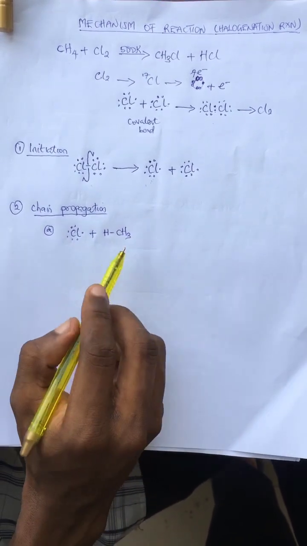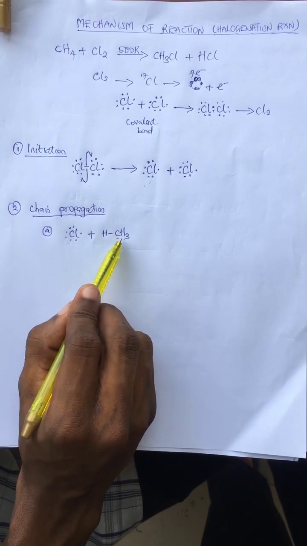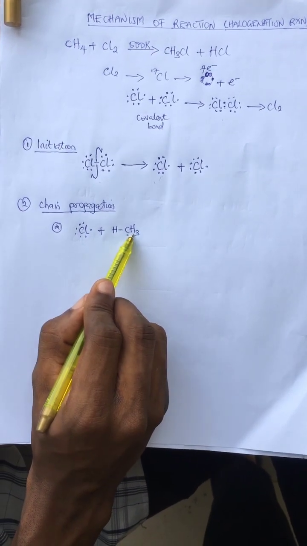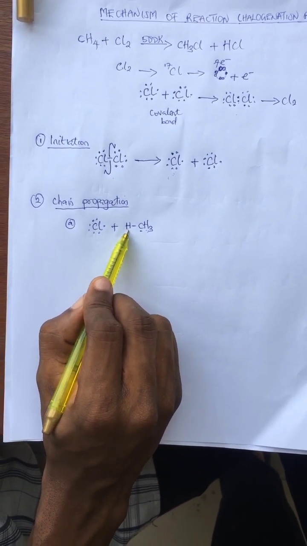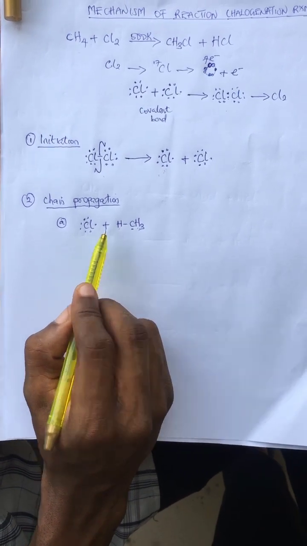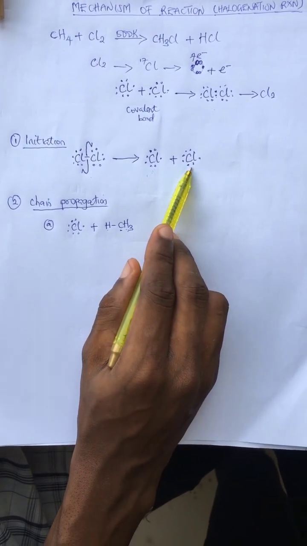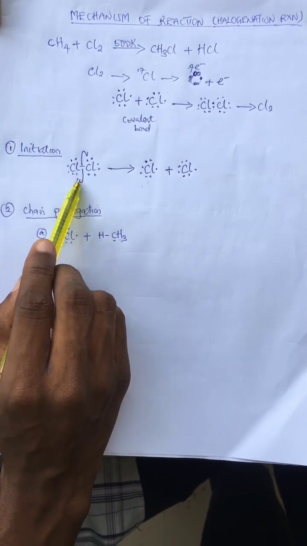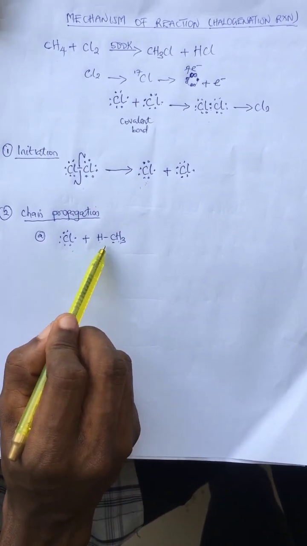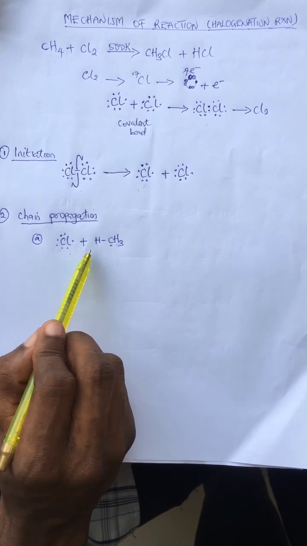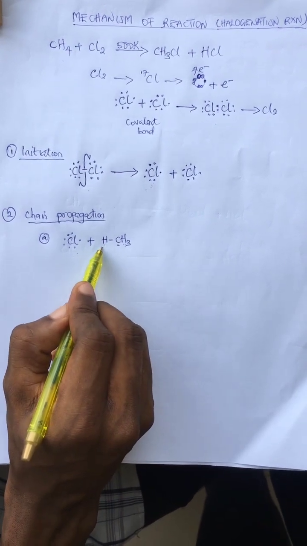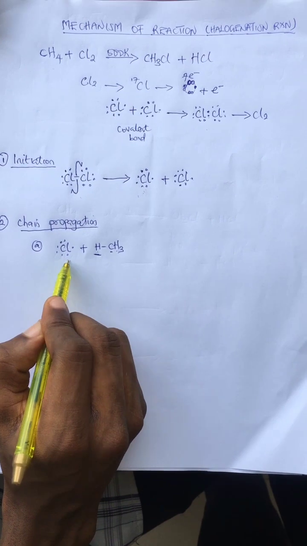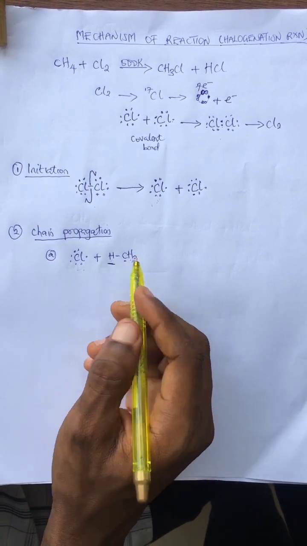Do not be confused, this is methane. We have 1 carbon and 4 hydrogen. So this chlorine atom, or radical, that was gotten from this dissociation will react with our methane. And in this reaction, hydrogen will be abstracted. This chlorine will abstract hydrogen here.